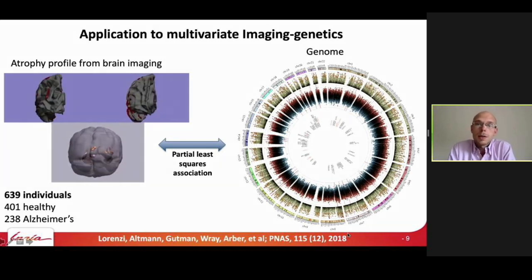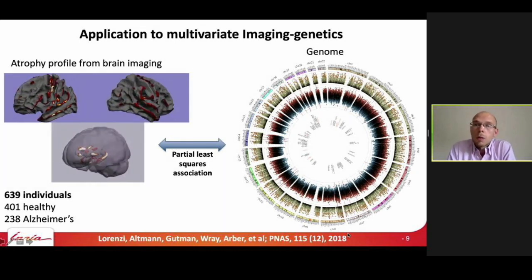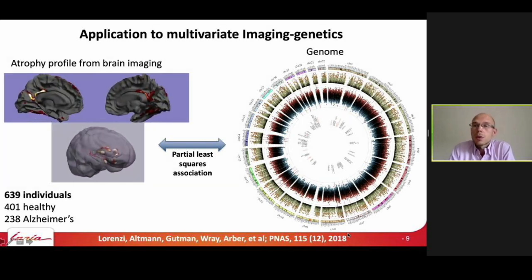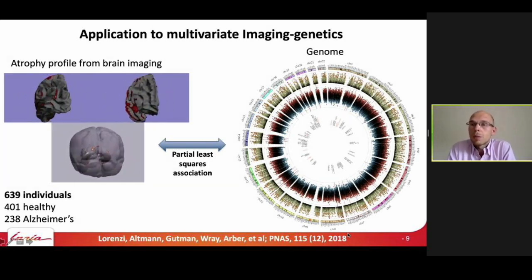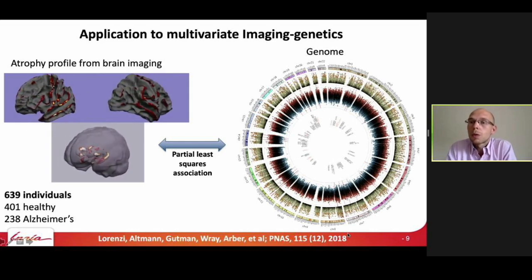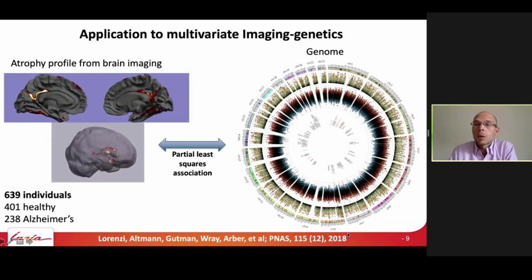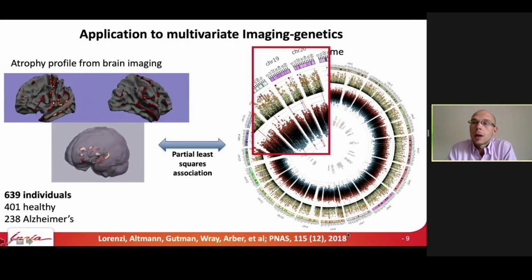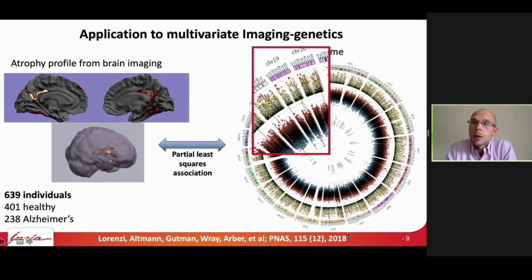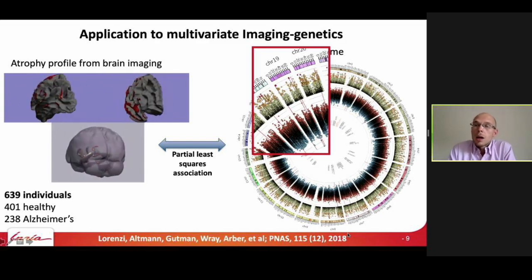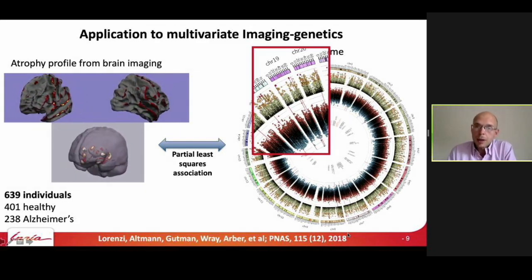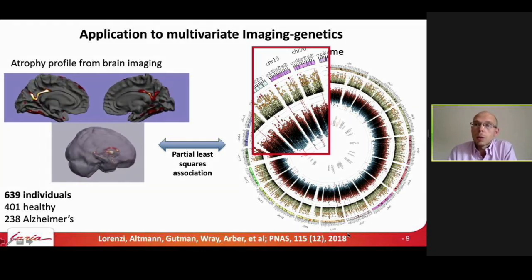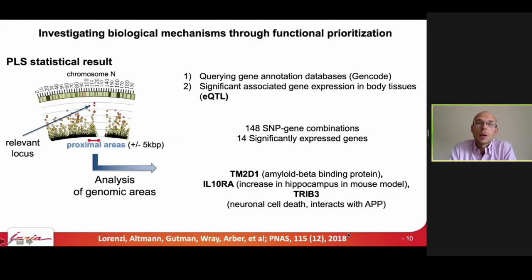Things become more complex when we look at the genetic data, because you can see here the parameters of the model along the entire genome from chromosome 1 to 22. And although the model is able to depict, for example, relevant locations, for example, the ApoE gene in chromosome 19, well, there is much more, and what the model is really useful for is in pointing to relevant, significant locations, and it can be used in downstream analysis.